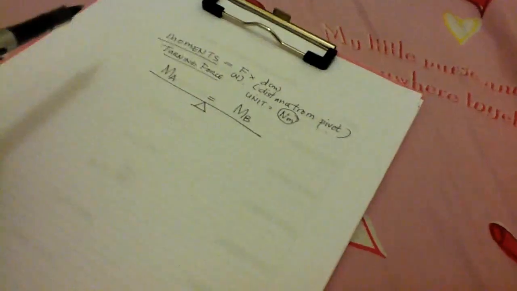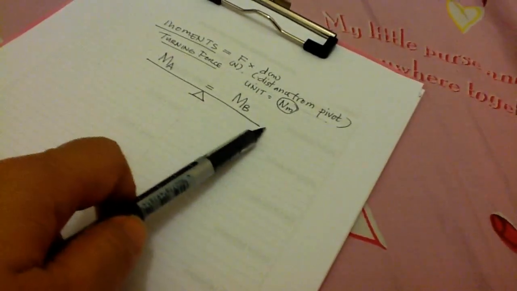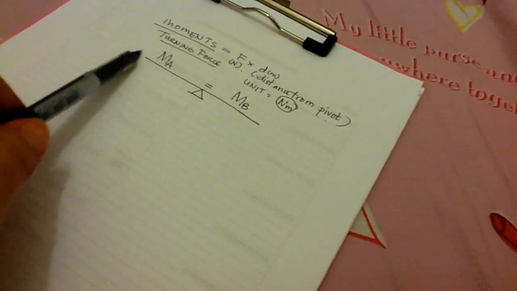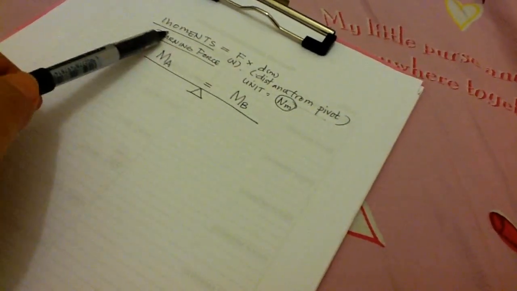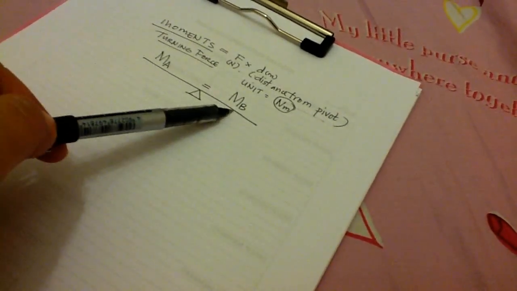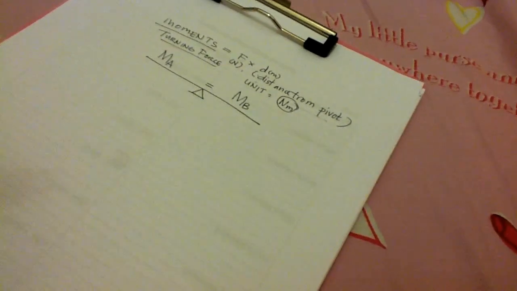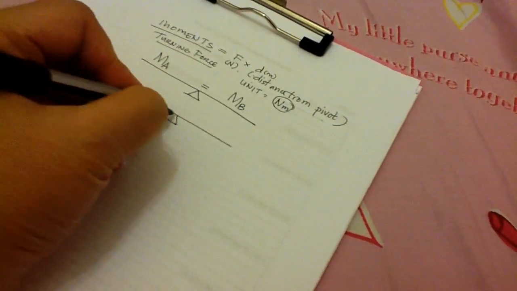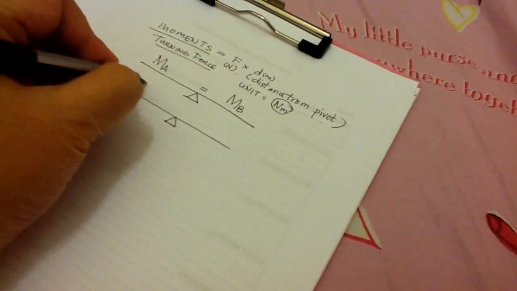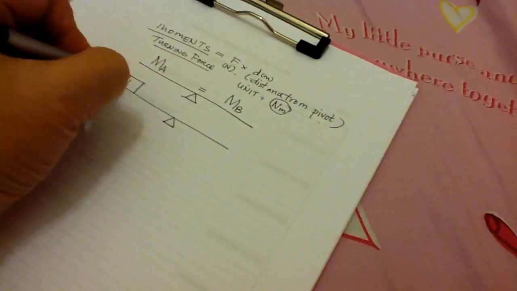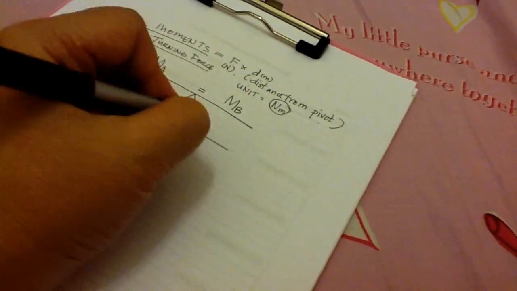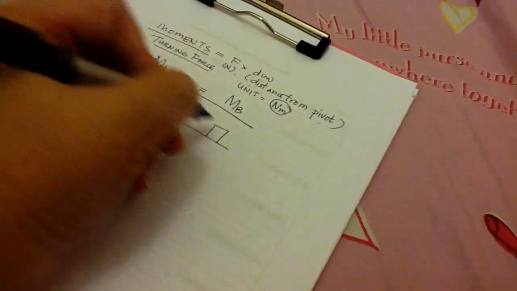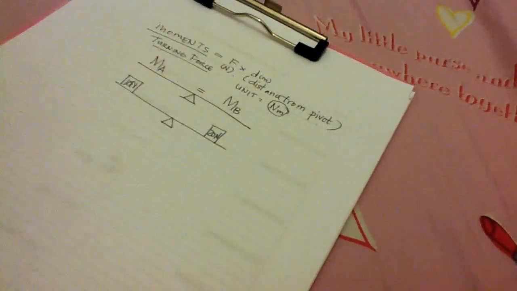As you can see here, the seesaw is balanced, and the only way that will happen is if the moments of side A is equal to the moments of side B. To illustrate, if we had another seesaw and we had a weight here that has 10 newtons, and another weight here that is 20 newtons.